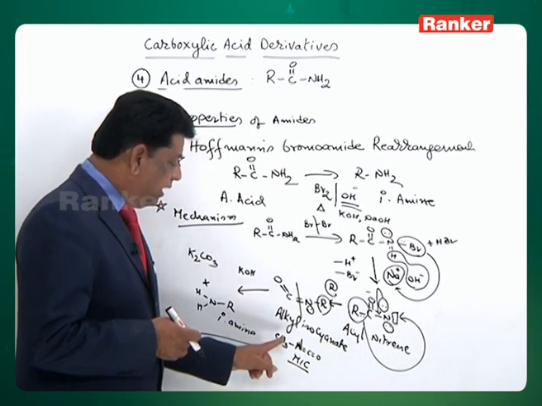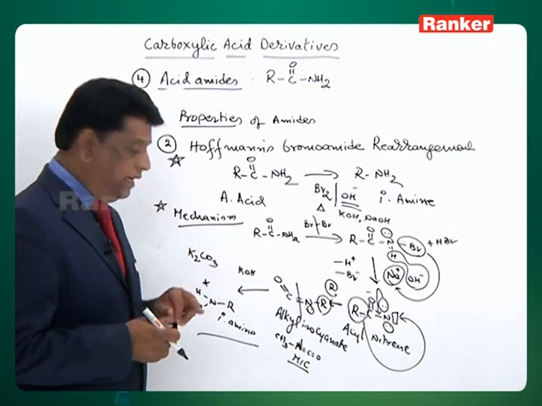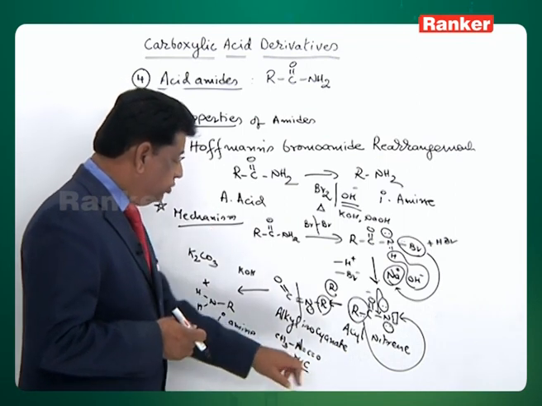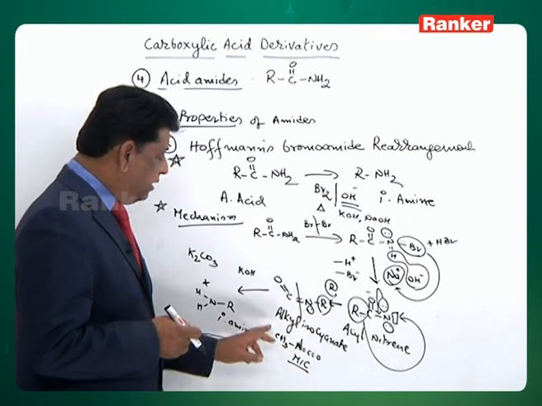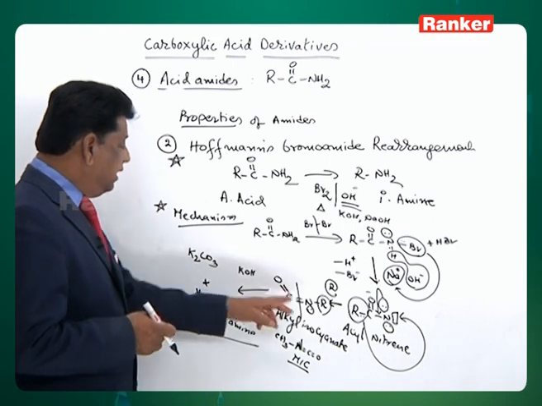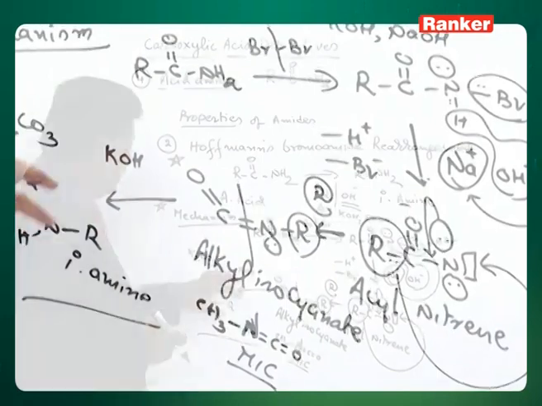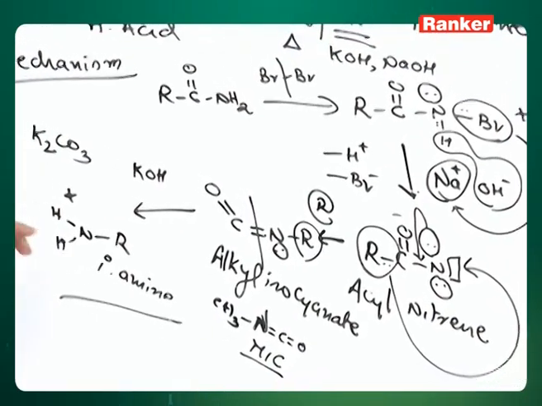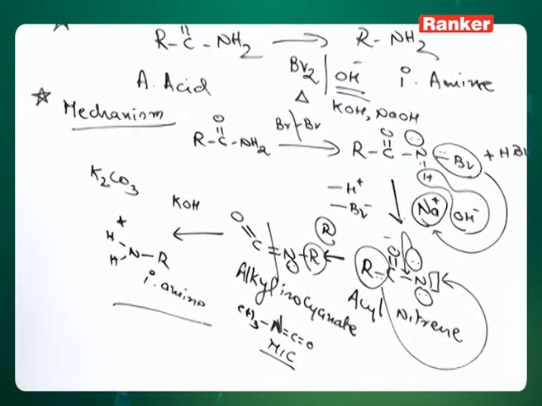CN is cyanide, NC is isocyanate, NCO is there too. So, alkyl isocyanate or methyl isocyanate, the MIC gas, on hydrolysis gives the 1 degree amine. So, finally, converting an amide into a 1 degree amine is known as Hoffmann's bromamide rearrangement.